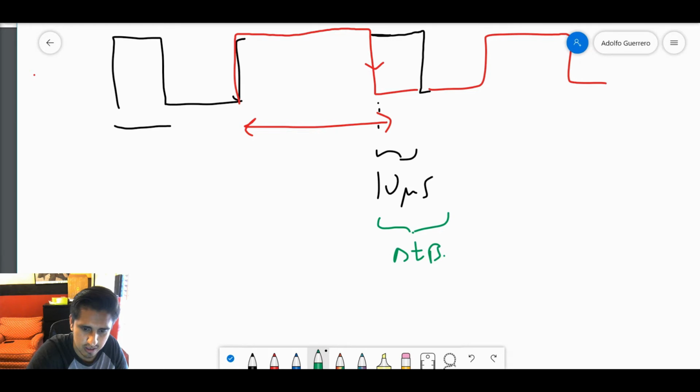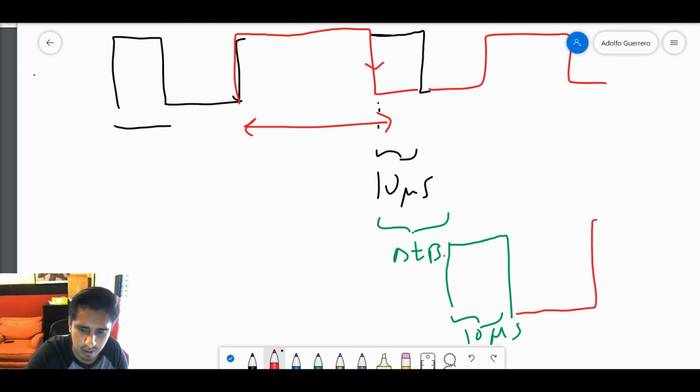The same exact logic applies to this timer. Then we enable the one-shot timer to go off after 10 microseconds again. And then after some time we get ready to take the measurement. So that's what we're going to do.